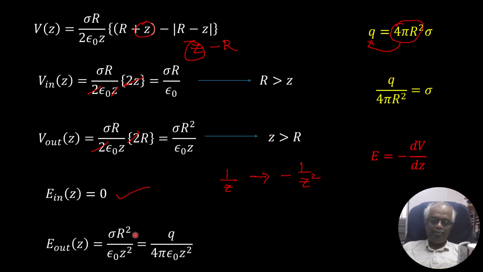So if you replace the sigma by Q over 4 pi R square, this R squared and this R squared will get cancelled. You will get only 4 pi in the denominator, Q over 4 pi. So this will be Q over 4 pi epsilon naught z square, which is exactly the result we expected. That is, the surface charge will act as a point charge, which is centered at the center of the sphere.